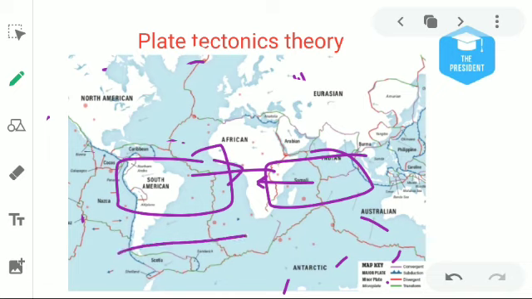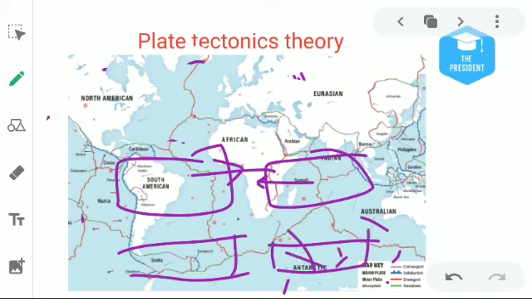And if both plates come so fast and tackle each other, at that time both plates will break down and volcanism takes place. So basically, on the earth, earthquakes, tsunamis, and volcanism happen only due to the movement of these plates. Okay.